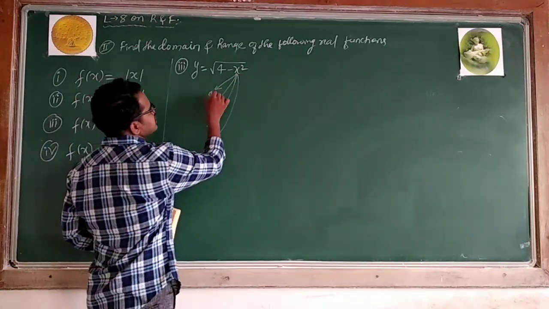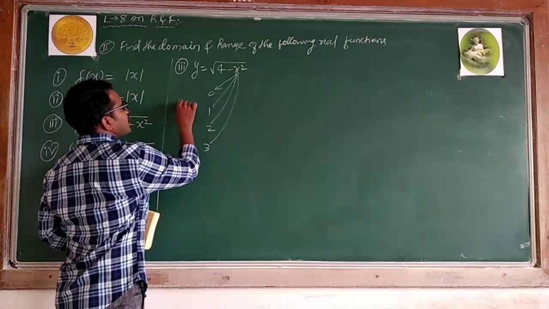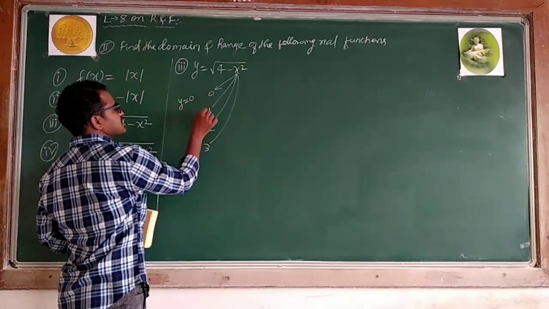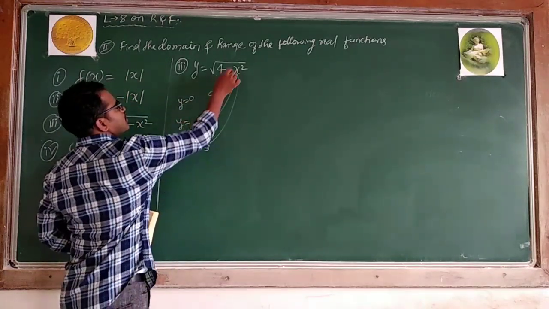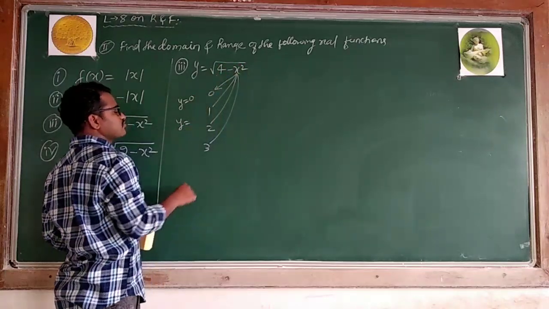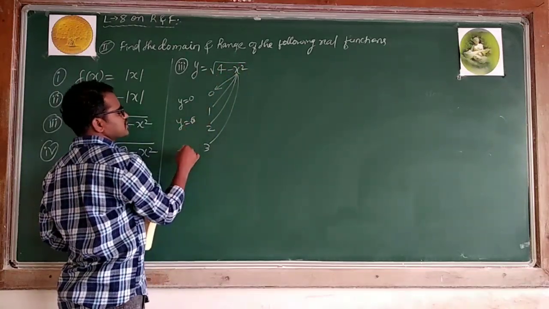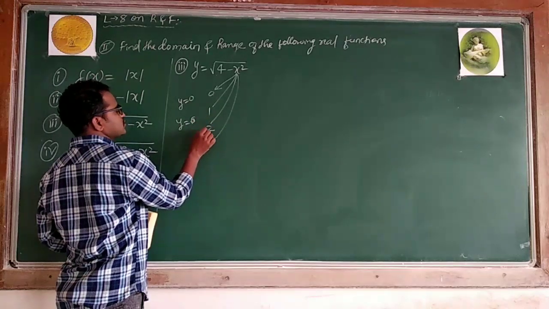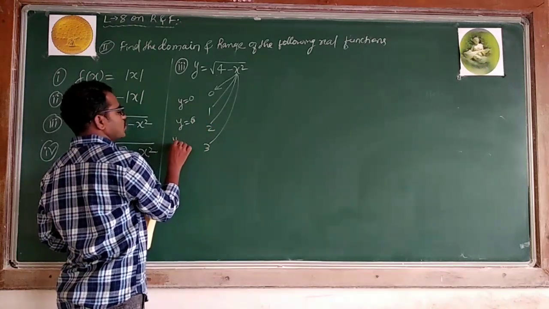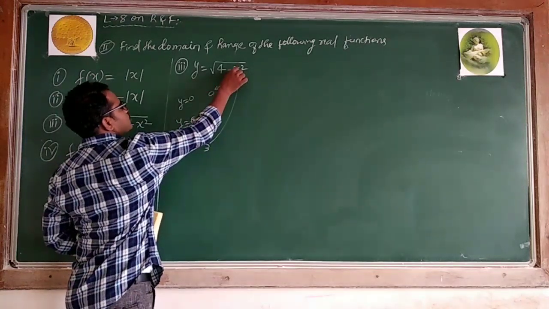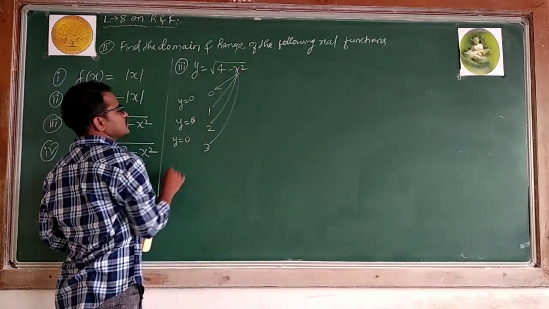When x is 0, y is 0. When x is 1, y is 4 minus 1 square, which is 1, so 4 minus 1 gives root 3. If x is 2, then 2 square is 4, 4 minus 4 you get 0.